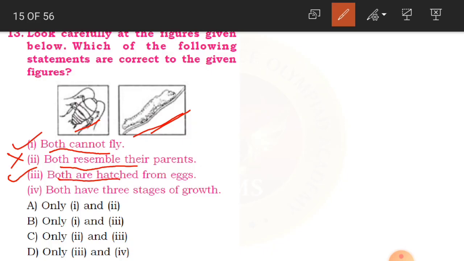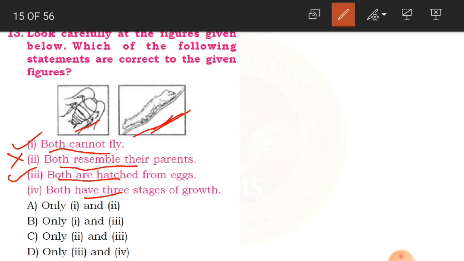And the fourth one, both have 3 stages of growth. Is it a correct or wrong statement? Cockroach has got 3 stages of growth, but butterfly has got 4 stages of growth when we talk about the life cycle.